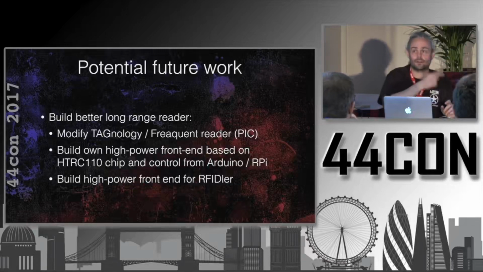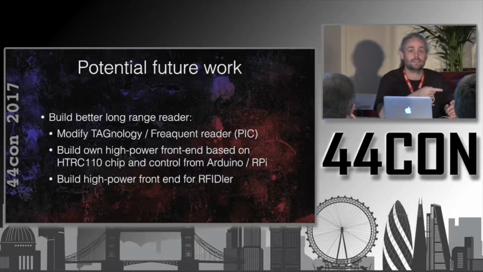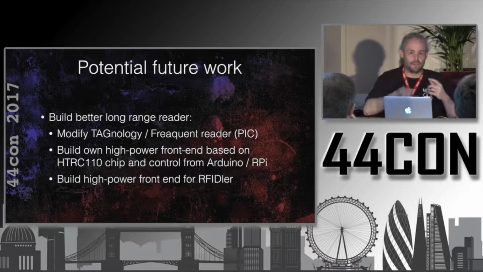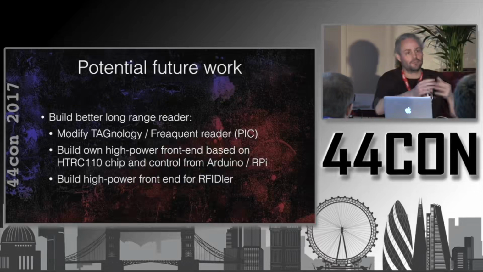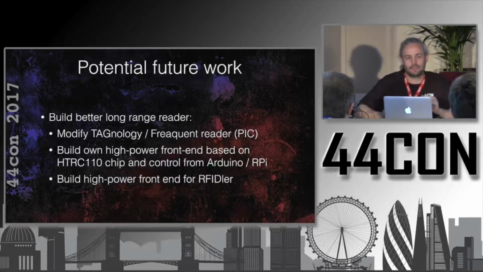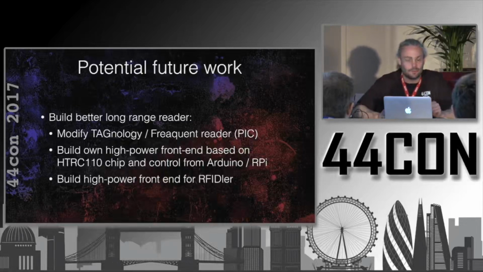I can then pulse that on and off to do PWM data to send the start-off. The tag will respond with its UID, which I pick up with our Fiddler passively, and build my two-way thing by having a transmit and receive coil rather than having it all in one coil, and maybe get around it that way. So that's something I'm going to actually try at some point, probably next month.